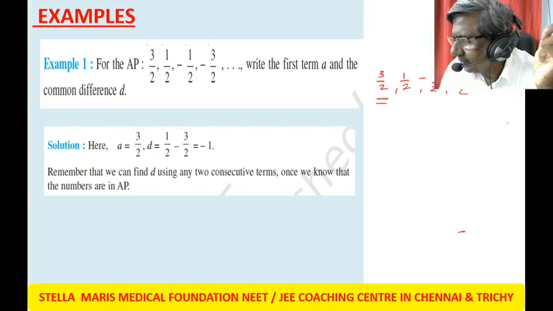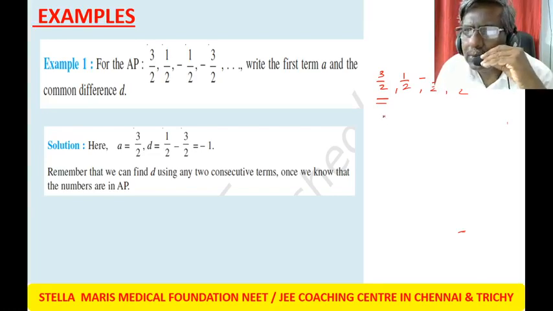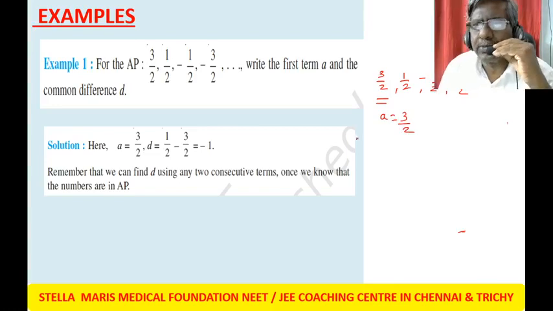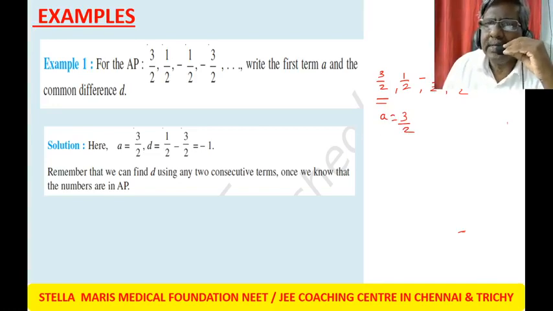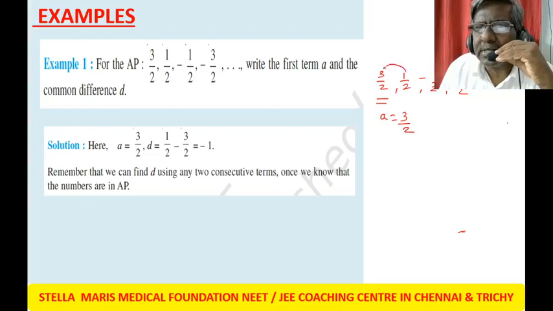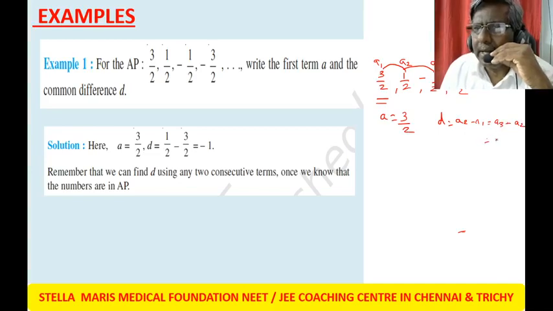Is it clear? Okay. So A is equal to 3 by 2; the first term is 3 by 2. Now you want to find D. D is the difference of a term from the preceding term. Suppose this is A1, A2, A3, A4. Then D is A2 minus A1, or A3 minus A2, or A4 minus A3.